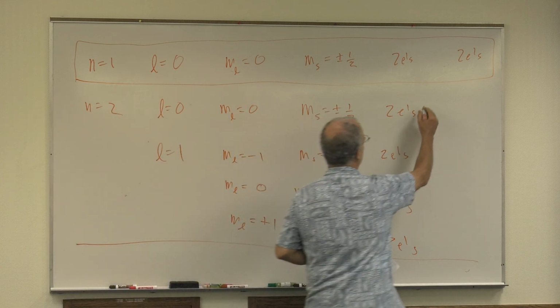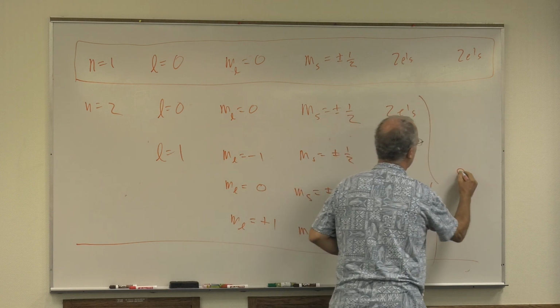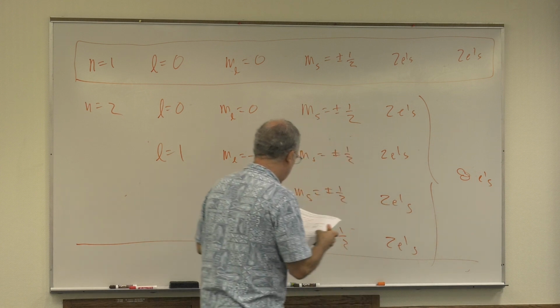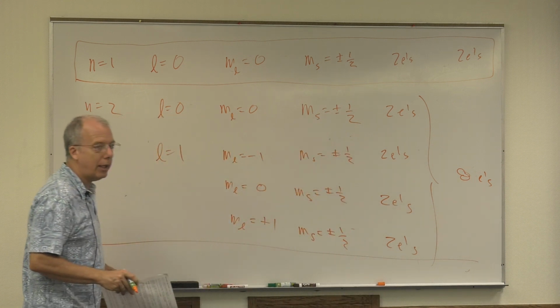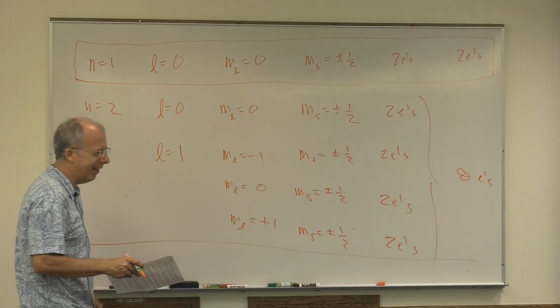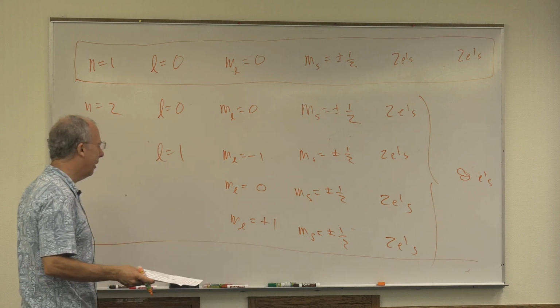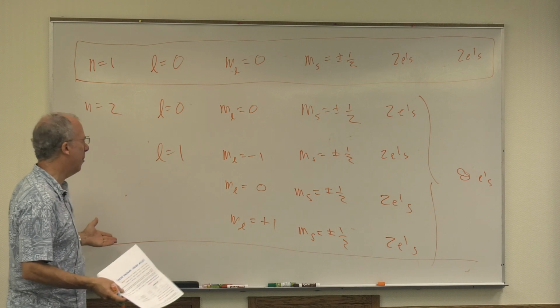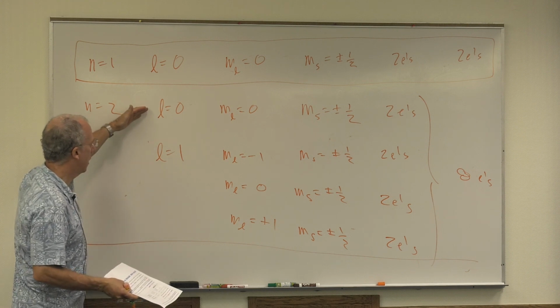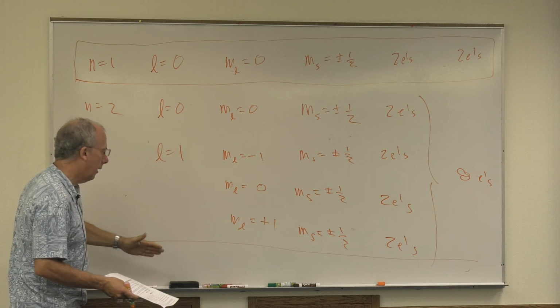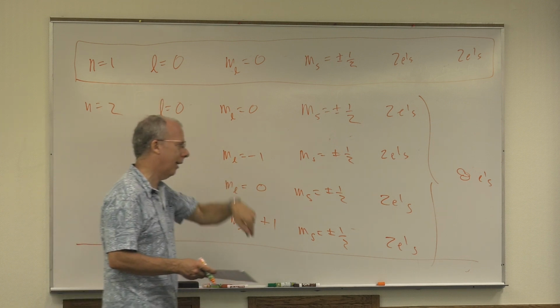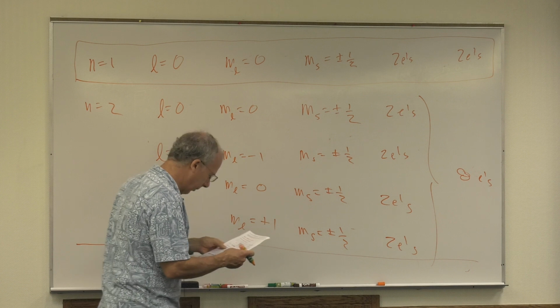We have 8 electrons. Now, you want to do n equals 3? Forget it. I mean, we could, but I ran out of board space. n equals 3 would be kind of a mess. We'd have L equals 0, L equals 1, then L equals 2, and you have to do all the different possibilities. Forget it.